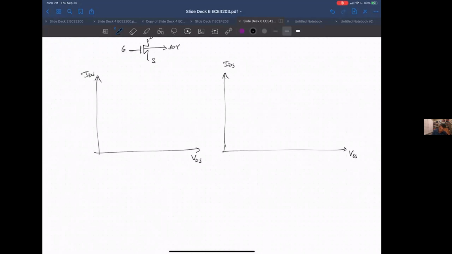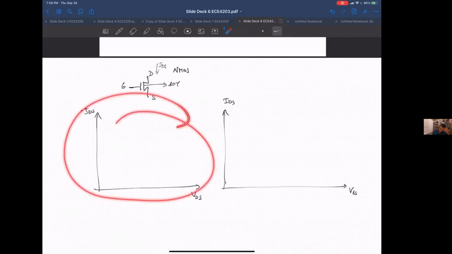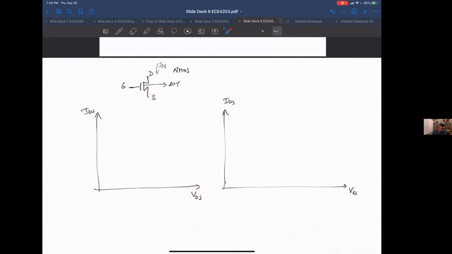Those are the 2 graphs we need. In one case, you're going to hold VGS constant and sweep VDS. That means you're going to get a series of curves of VDS versus IDS with different VGS values.